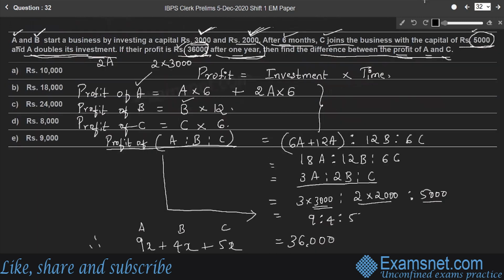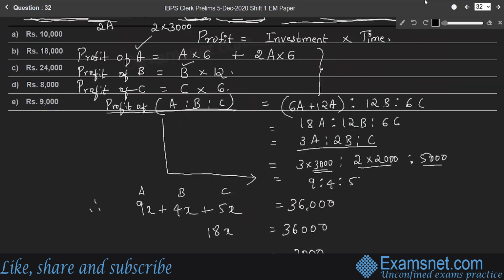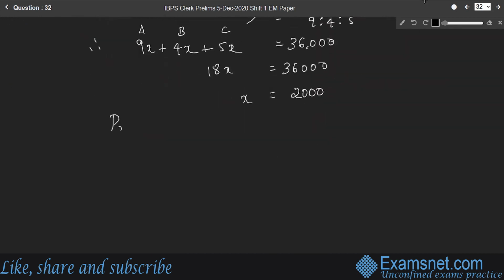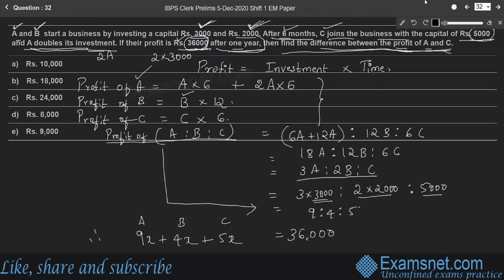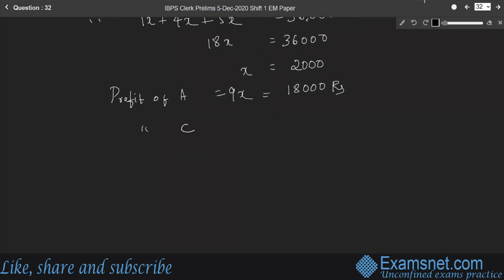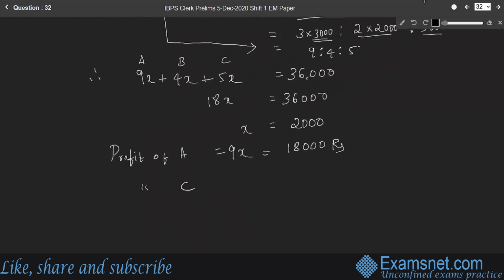So what is asked in the question? Find the difference between profit of A and C. So what is profit of A? Profit of A is 9x, which is 18,000 because x is 2,000. Profit of B, not B, it is asked C. Profit of C is 5x, right? 5x, which is 10,000.